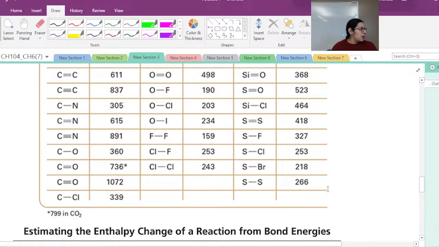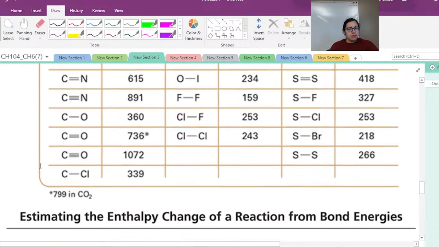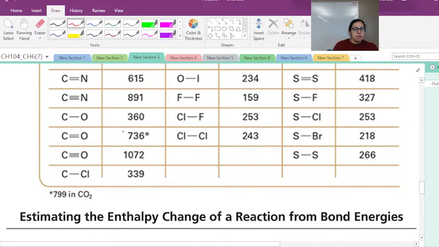And then other things to note when using this chart, so we have CO, C double bond O, which is usually 736, so that would be like in this sort of scenario. And then notice we have an exception, though, of 799 for CO2. So we should use this value for CO2.